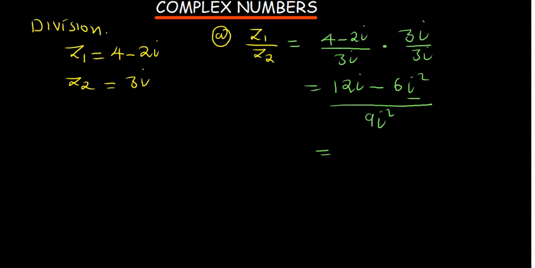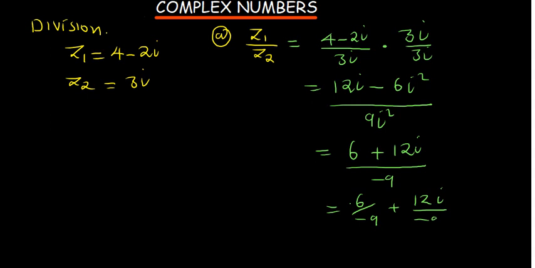Negative 1 times negative 6 will be positive 6. Then we have got plus 12i. In the denominator, the i squared is a negative 1, so we're just going to have negative 1 times 9, which is a negative 9. And so we have 6 over negative 9, and then 12i over negative 9.